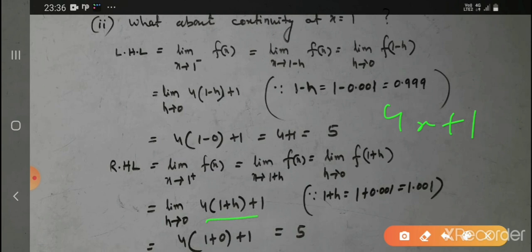Then put the value of h as 0. So 4 into 1 plus 0 plus 1, that is 5. At the end we have to put the value of h equal to 0, not at the beginning. After all simplification, we substitute h equal to 0 at the end, if there is no step for further simplification. So right hand limit equal to 5.